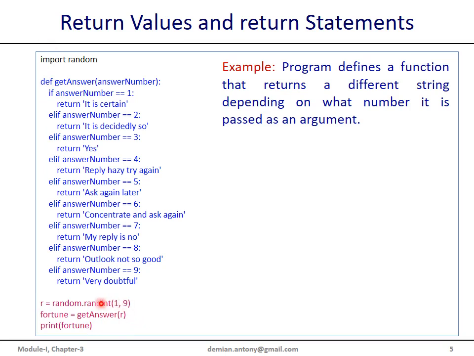This getAnswer function evaluates to a string, and that returned string is assigned to a variable called fortune, and then we display the variable, which is actually the string returned by the function getAnswer.